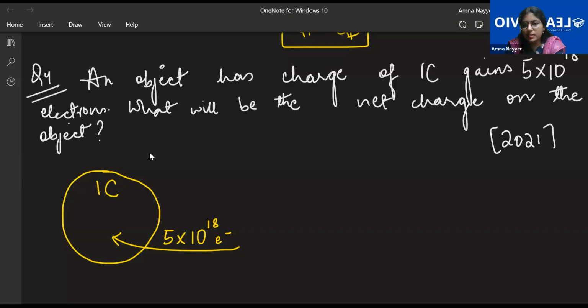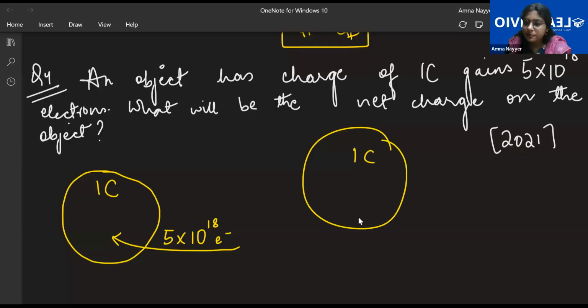Class, if instead of this language, the question said that a body is there and it has 1 coulomb of charge and 2 coulomb of charge has entered, what would have been the net charge now? One coulomb is already present.